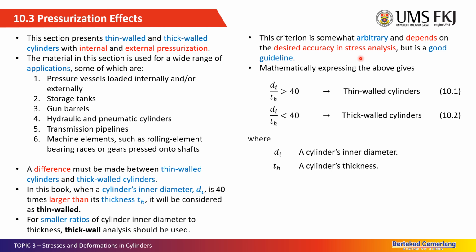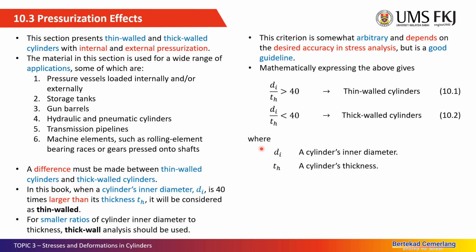So mathematically we can say that when the inner diameter divided by the thickness gives a value bigger than 40, then we consider it a thin wall cylinder. However, when the inner diameter divided by the thickness is less than 40, then we consider it a thick wall cylinder.